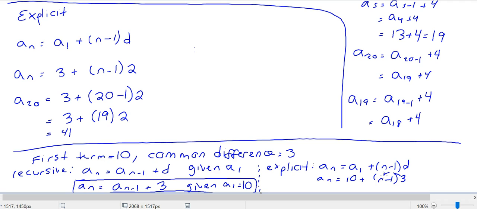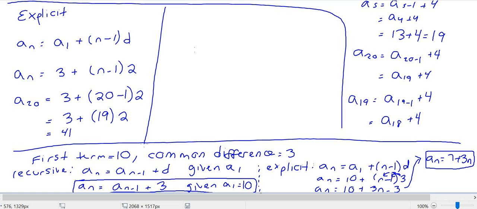So we're going to distribute the 3 over the n and over the negative 1. So a sub n is equal to 10 plus 3 times n is 3n, 3 times negative 1 is negative 3, and then we can combine like terms. So a sub n is equal to 10 minus 3 is 7 plus 3n, and this would be your explicit sequence.